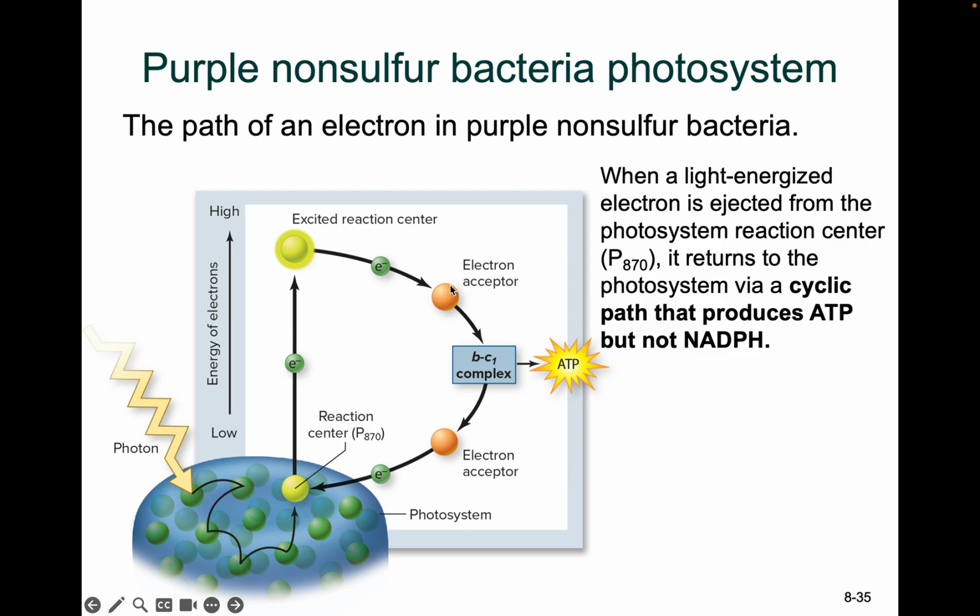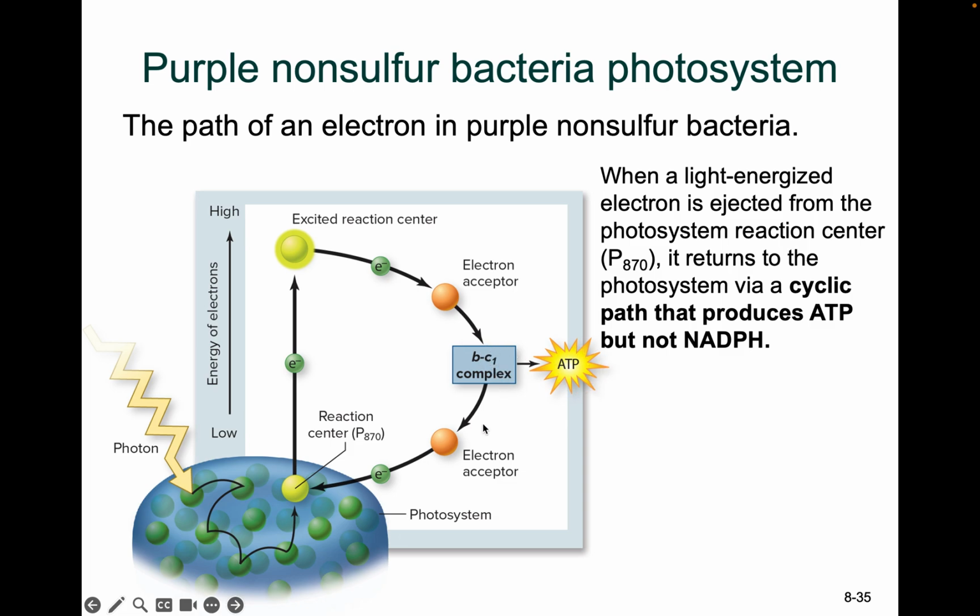This electron acceptor then passes it on to a bc1 complex. This bc1 complex is another electron carrier, and similar to what we saw in chapter 7, this bc1 complex is also a proton pump. So it's going to create a proton gradient that's going to funnel into chemiosmosis to create ATP.